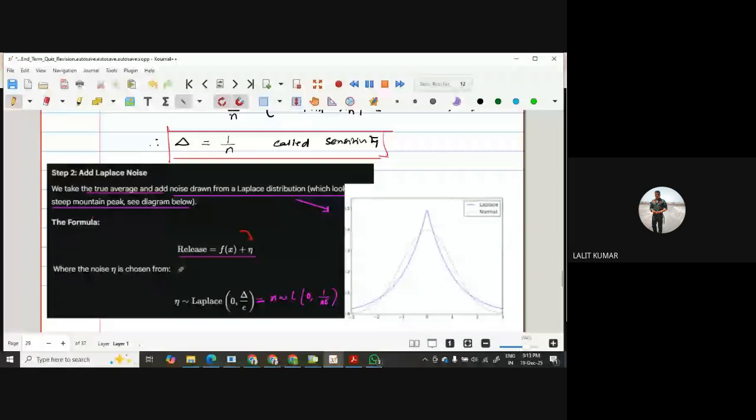This is the Laplacian noise. And how does it look? We write Laplacian of 0, sensitivity over epsilon.